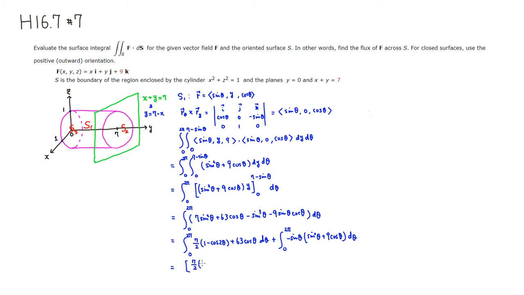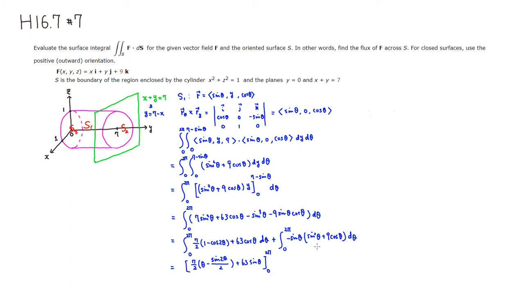The antiderivative of 1 is theta. The antiderivative of negative cosine of 2 theta would be negative sine of 2 theta over 2. Plus 63, the antiderivative of cosine is sine of theta. And then it's going from 0 to 2 pi.